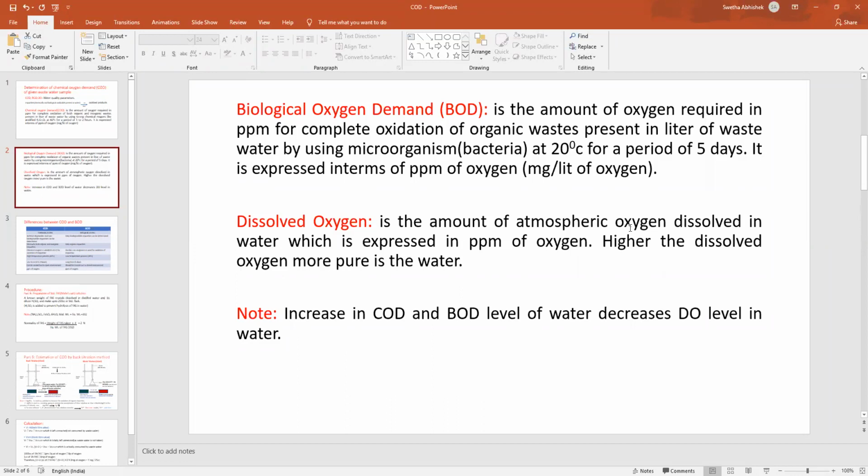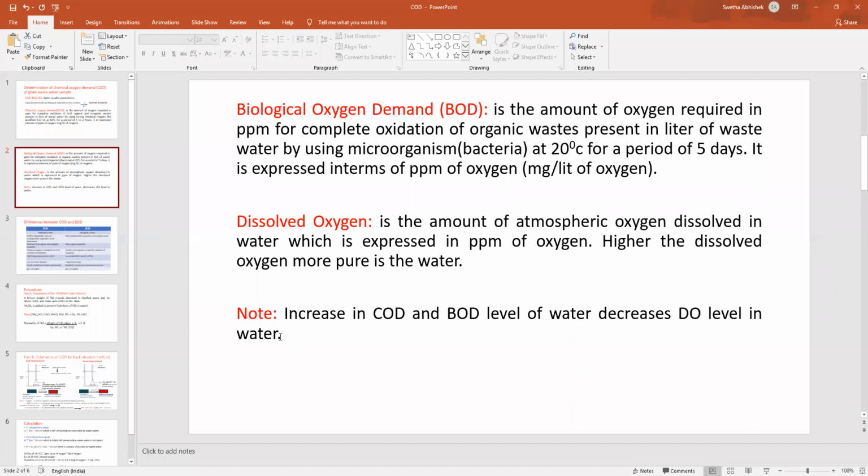This is because if the impurity level increases in water, those impurities consume dissolved oxygen during the biological oxidation process. As a result, the dissolved oxygen level decreases in water, which can further affect the life of the animals present in water. In general, an increase in COD and BOD level of water decreases the DO level.